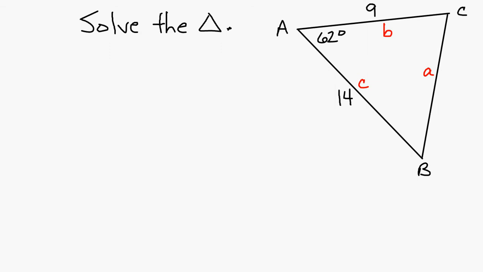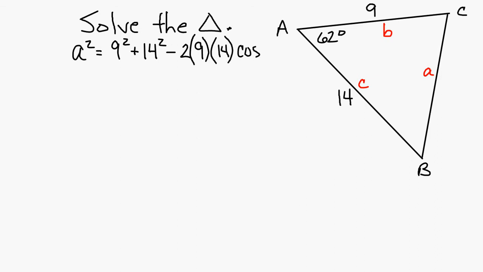Okay? So here's the formula. A squared is equal to B squared, which is 9 squared, plus 14 squared, minus 2 times B times C, right? So minus 2 times 9 times 14 times cosine of A, which is cosine 62.